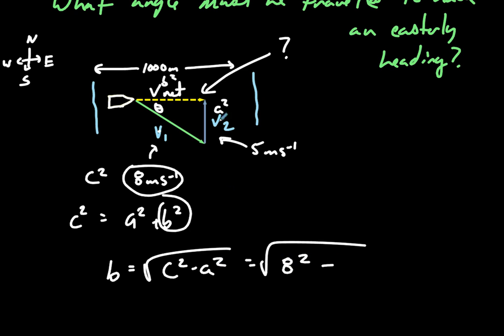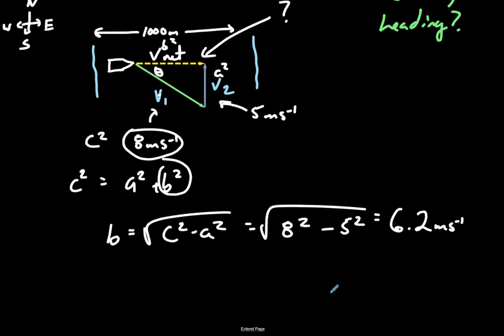So 8 squared minus 5 squared equals, so you're going to get that his actual velocity of travel is 6.2 meters per second along the net route, along this value here, okay? And then angle, well, you have the opposite and you have the hypotenuse, okay?